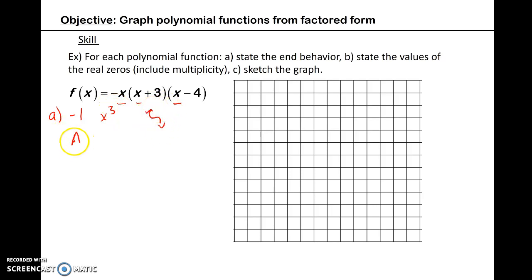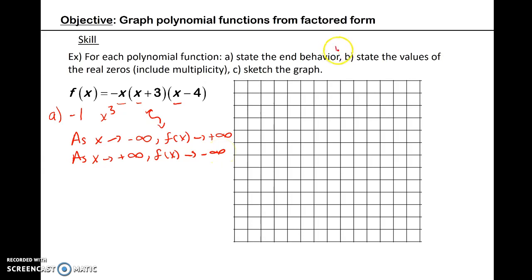So our end behavior is as x goes to -infinity, f of x is going towards positive infinity, and then as x goes to positive infinity, f of x goes towards negative infinity.